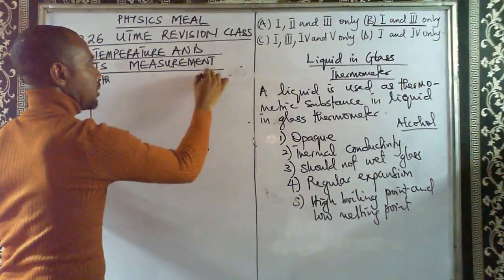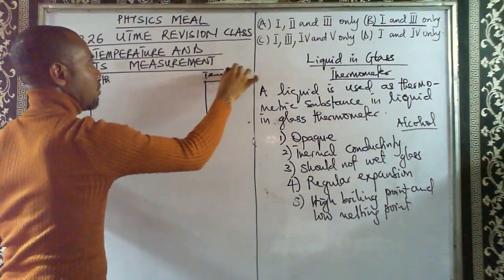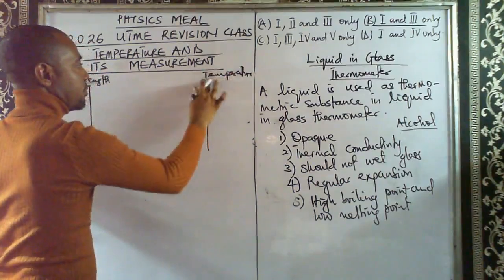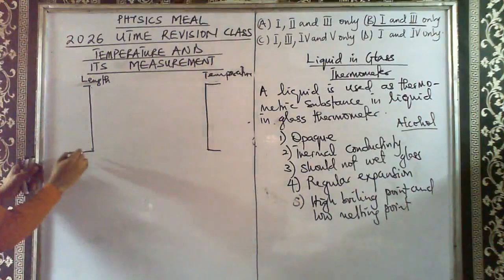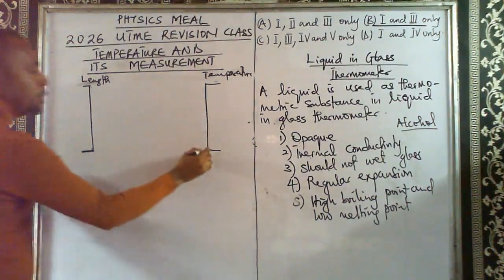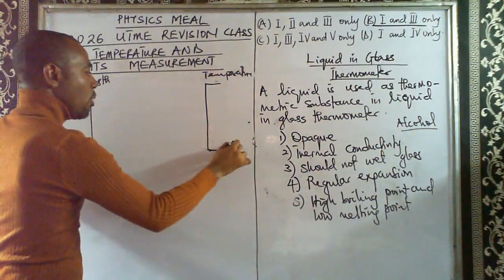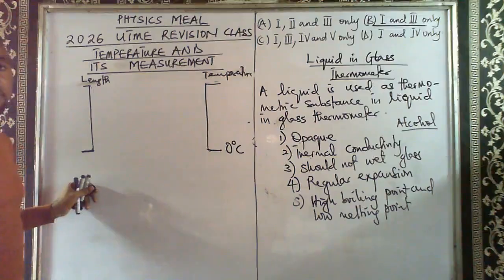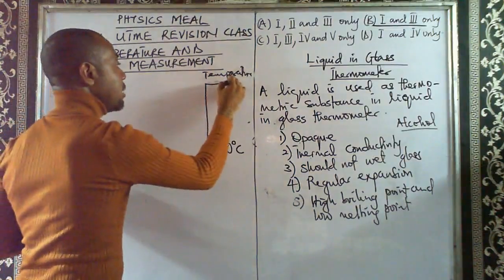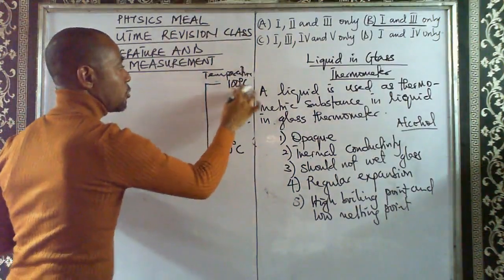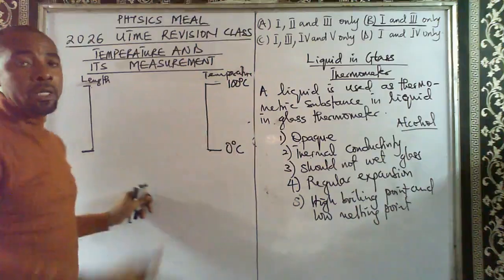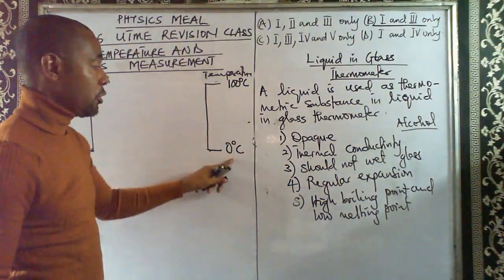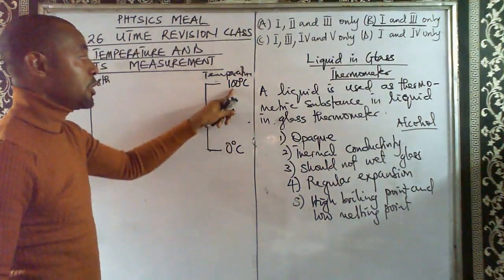Let me say temperature. So here is my temperature. Now let the temperature at the bottom here be the lower fixed point, which is 0 degrees. Now let the temperature here be the upper fixed point, which is what? 100 degrees. We know that the lower fixed point in terms of the Celsius or centigrade scale is 0. The upper fixed point is what?